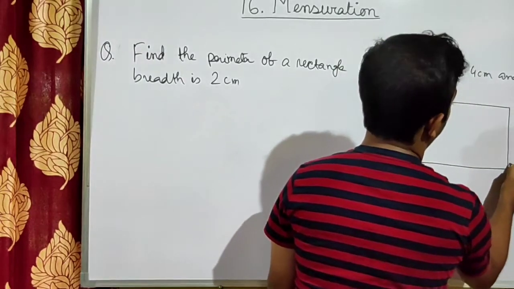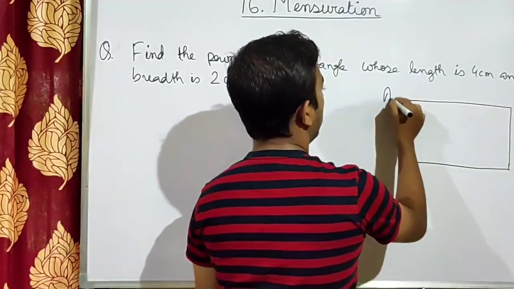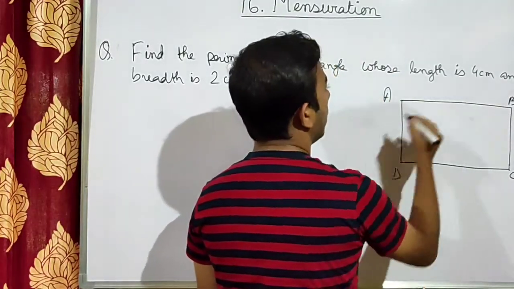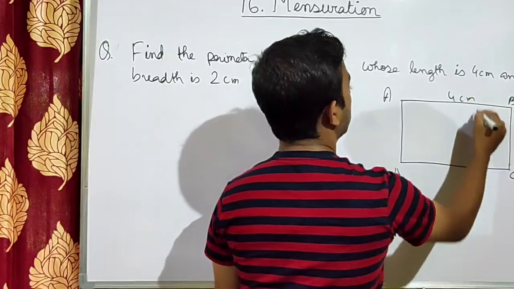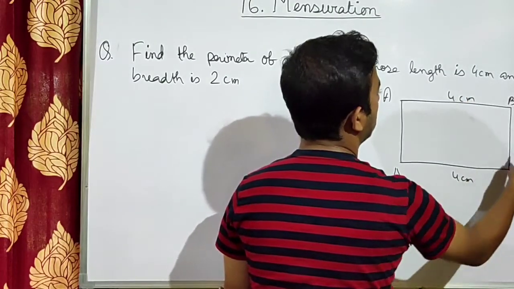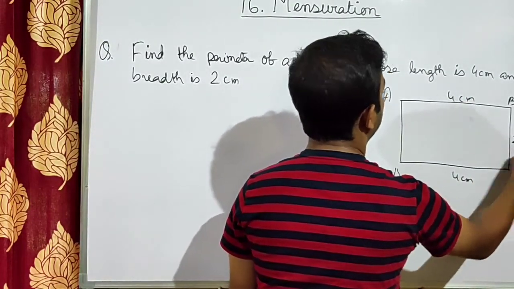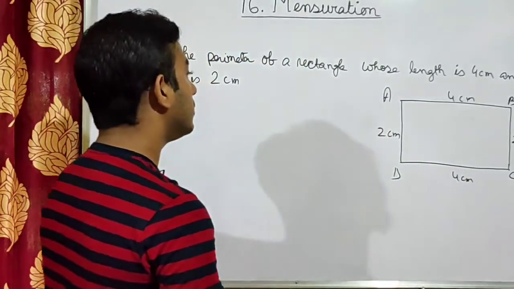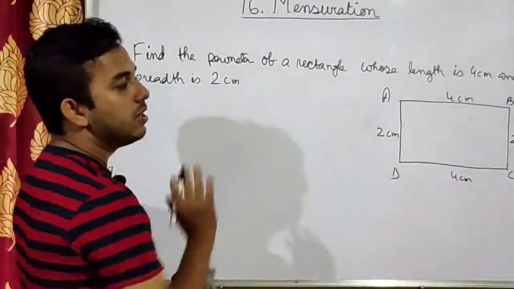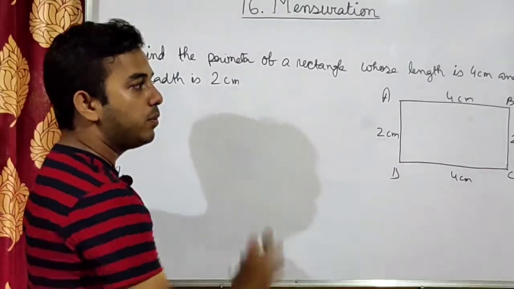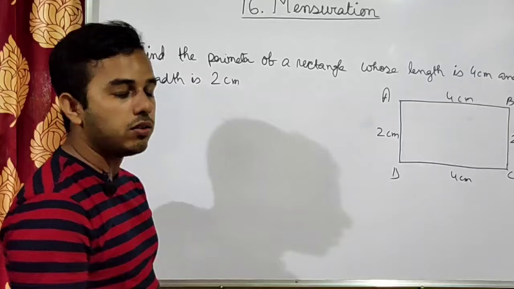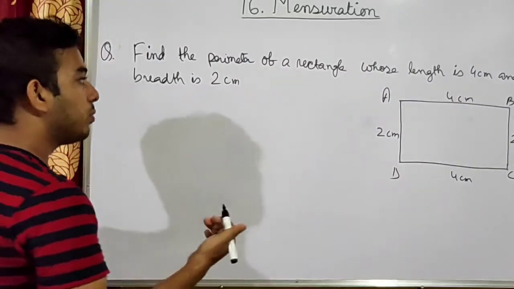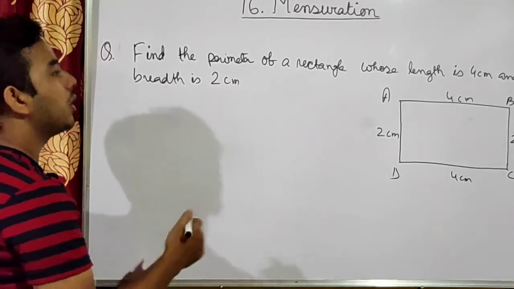Very good. So first thing, we have to draw one rectangle. So this is our required rectangle whose name is A, B, C, D. Length is 4 centimeter. Breadth is 2 centimeter. Clear? Very good. I have done nothing, just drawn one rectangle and put the length of each side. So how to start? First thing, we have to write the information given in the question.